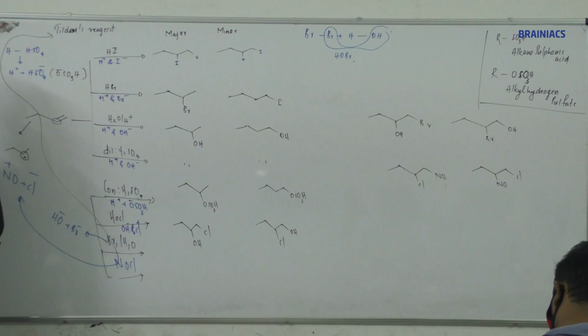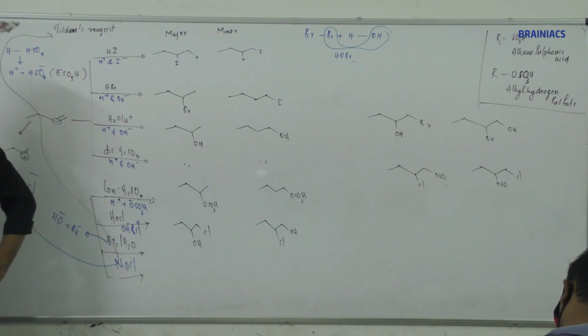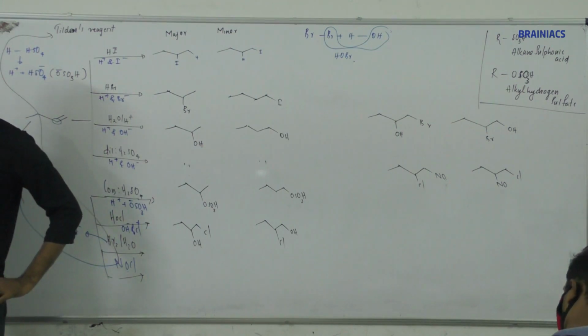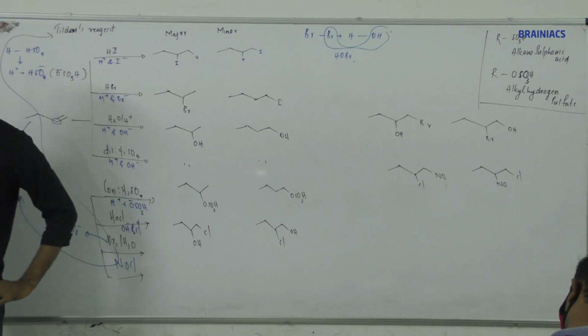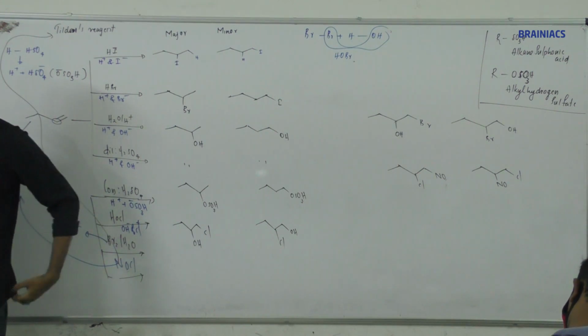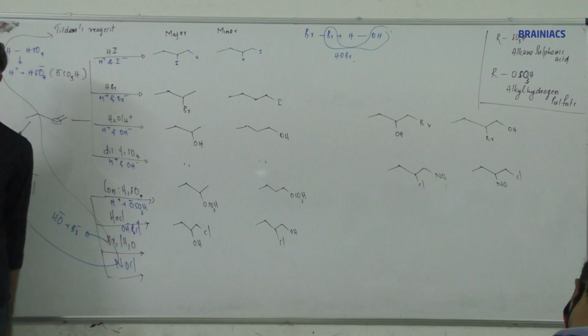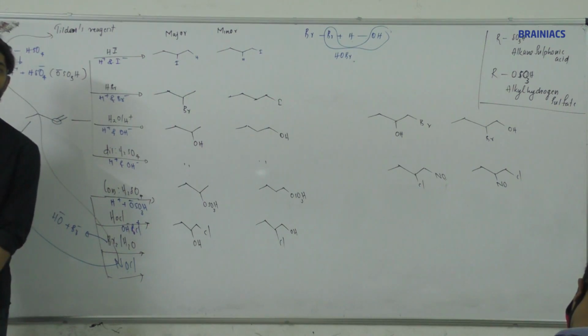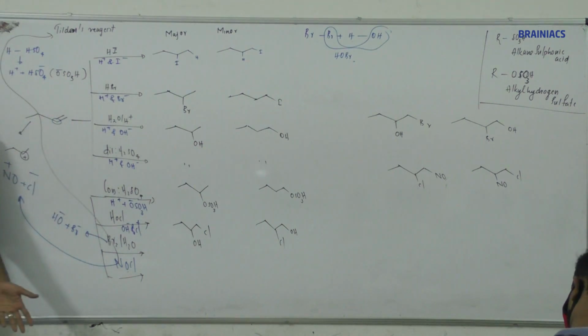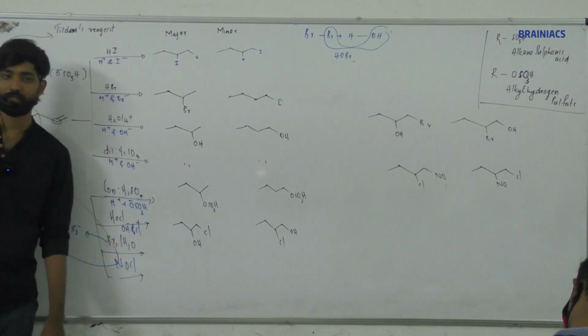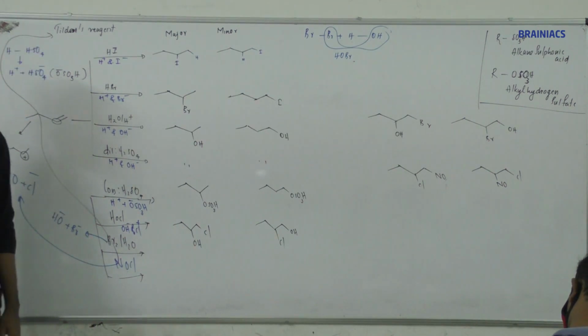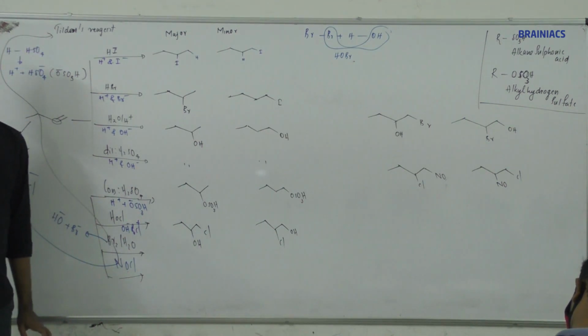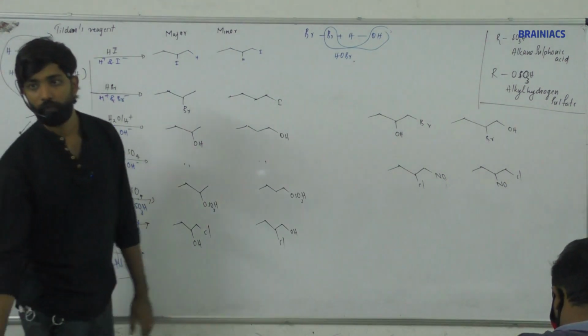Ready. In some cases, we observe anti-Markovnikov addition, where the negative part goes to the carbon containing a lesser number of hydrogen. But there is no rearrangement because the mechanism is entirely different. So there you simply place the negative part on the carbon with a lesser number of hydrogen.